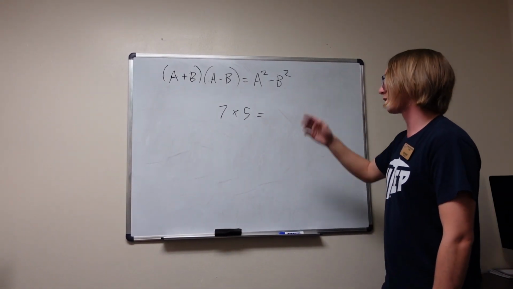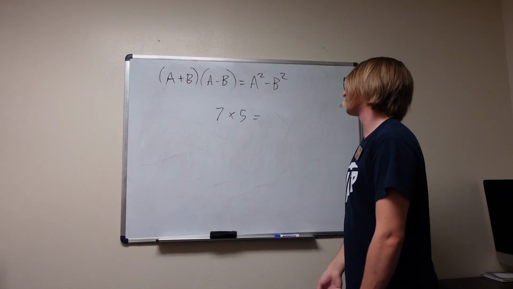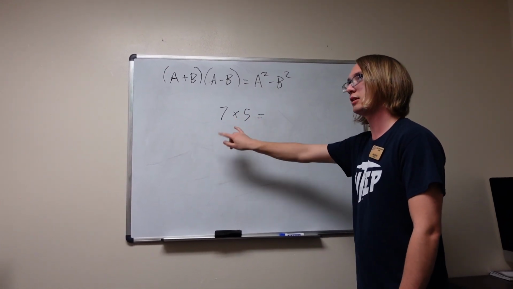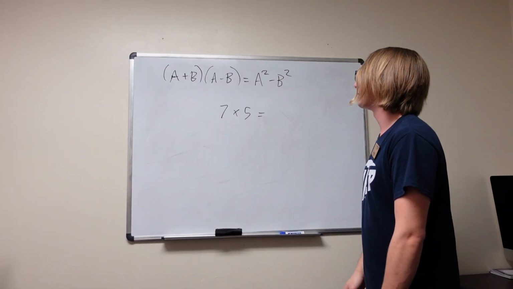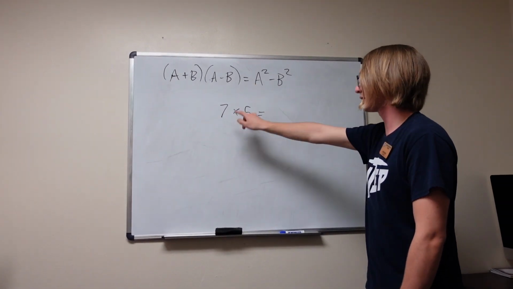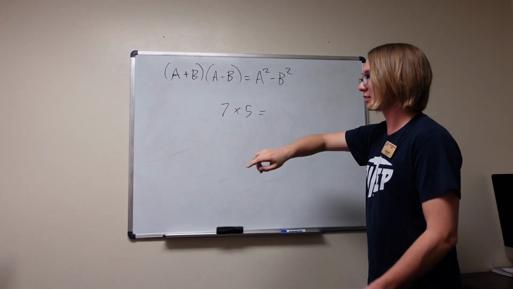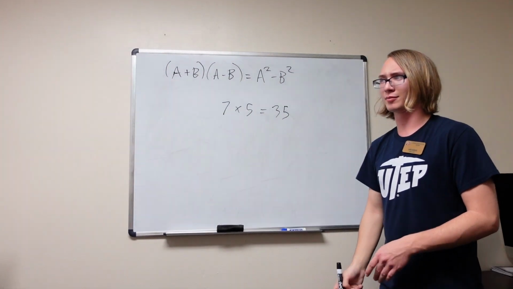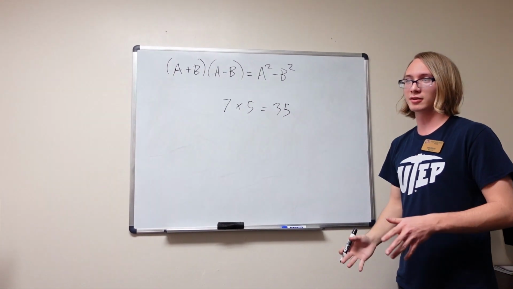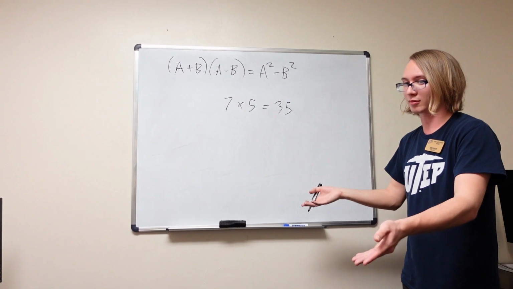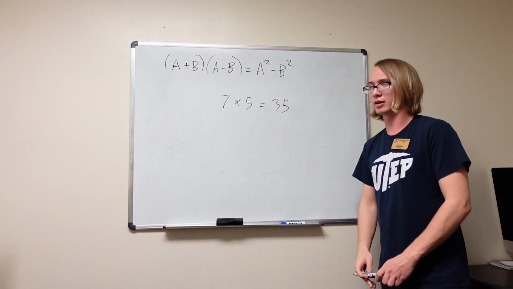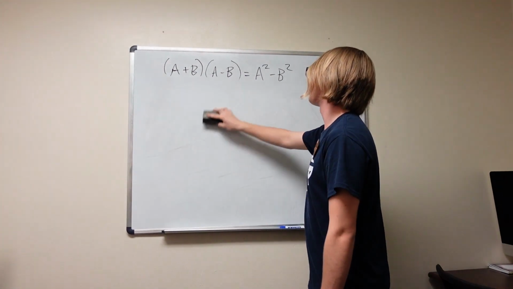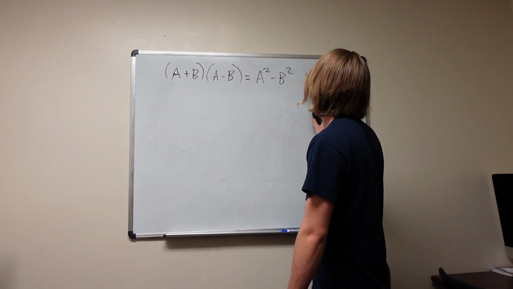But if we were to use this trick, the midway point is 6, so 6 squared is 36 minus the distance of 1, 1 squared. So 36 minus 1 is 35. Depending on which tricks you know, you could decide how you want to approach the problem. It's all based off of what is easier for you. So yeah, this is the equal distance trick.